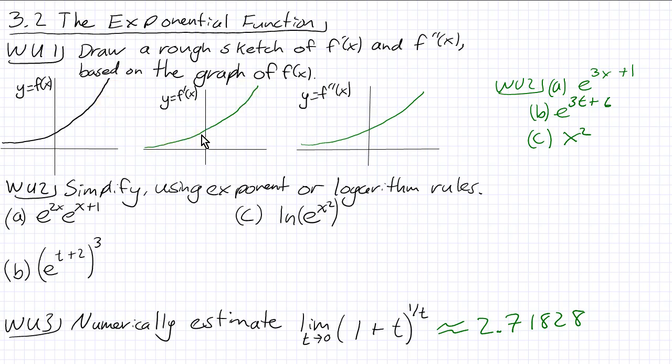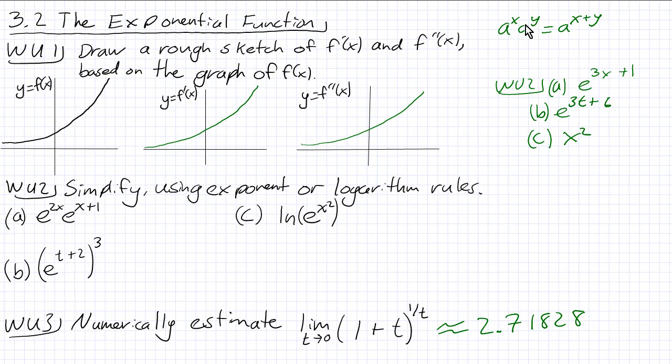All right, so warm-up number 2. The rule for the first one that you need to use is when you have e to a power times e to a power, or anything to any power, and then that same thing to a different power, you add them up. Because it's like the total number of copies of A: you have X copies of A and then Y copies of A multiplied together.